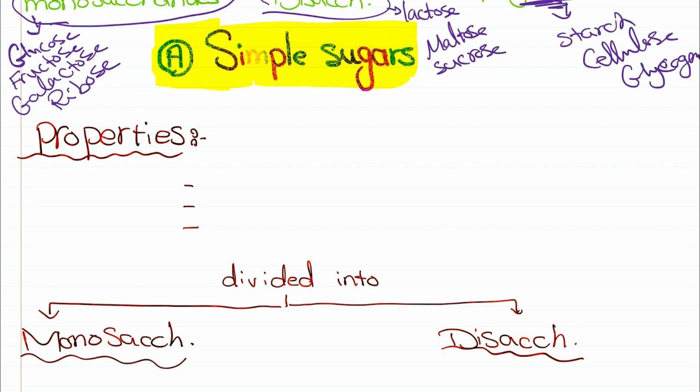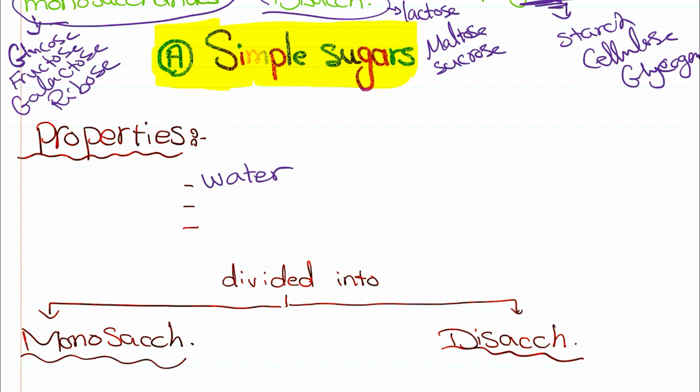If we start with the simple sugar, before explaining what we mean by simple sugar, we need to know their properties. What are the properties of the simple sugar? Our example is the sugar which you use in your kitchen. Take a spoon of the sugar and add it to a cup of water.